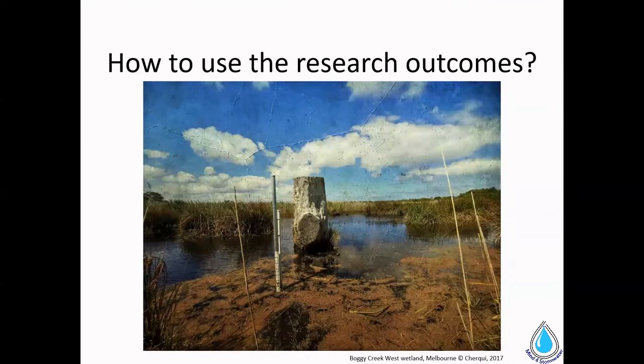So now that we have the first monitoring system, and we know that we can do monitoring systems and they can be reliable and robust, the idea is how can you use these outcomes?